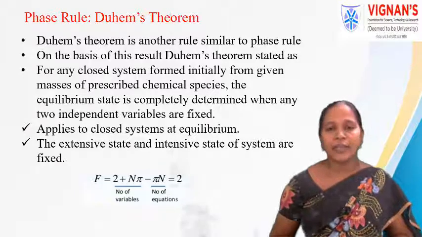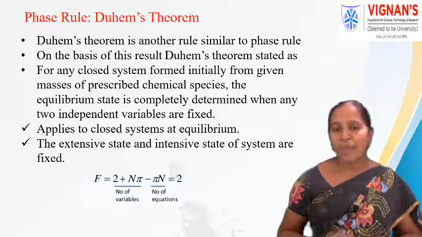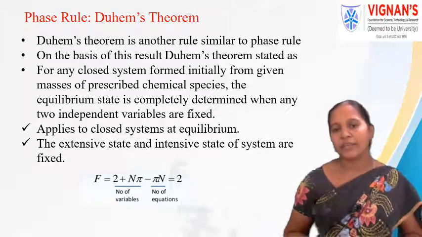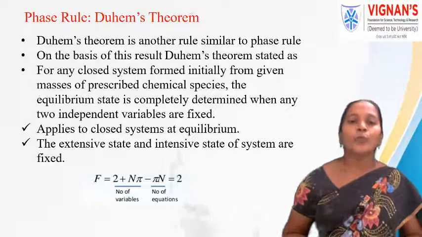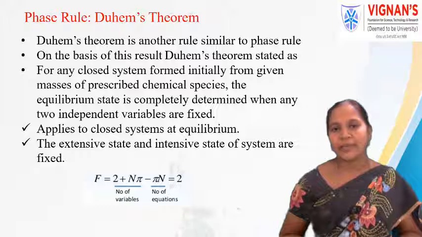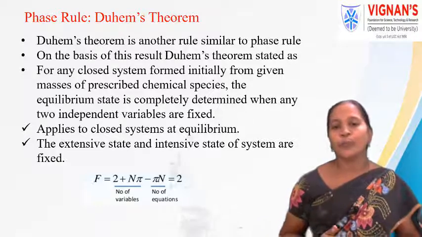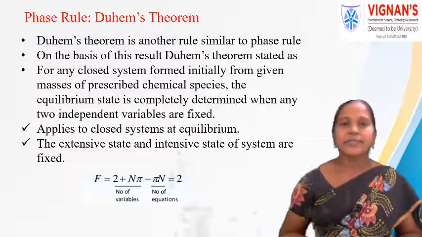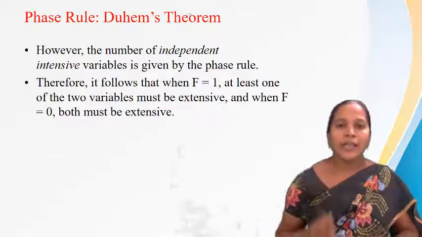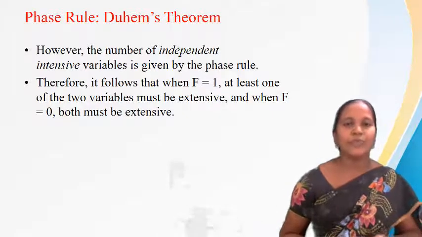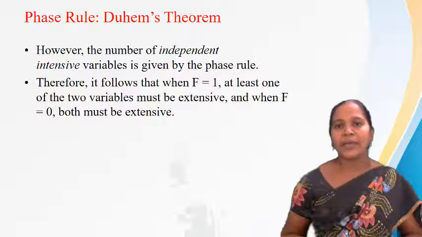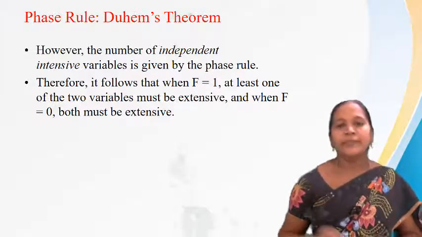The n pi gets cancelled. However, the number of independent intensive variables is given by the phase rule.